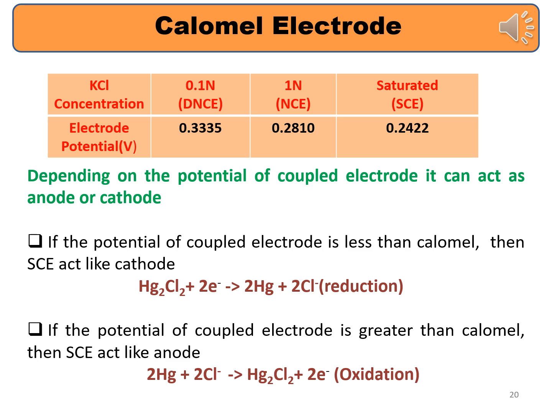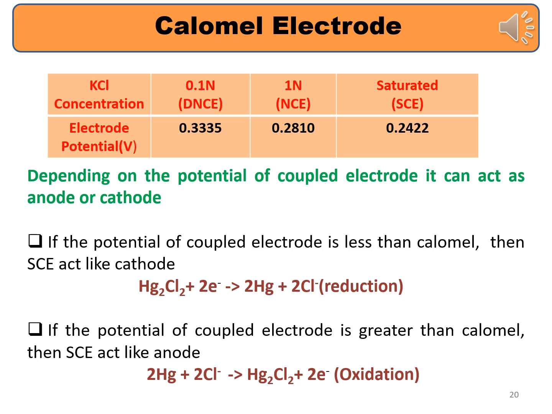If we use a normal solution of KCl, that is 1 normal, the electrode potential of calomel is 0.2810. And if we use a saturated KCl solution, the electrode potential of calomel is 0.2422. We generally use a saturated calomel electrode for the experiments.